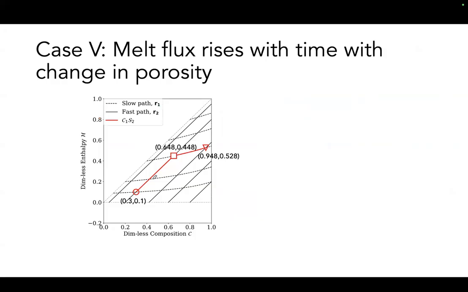Next, what happens when there is a change in porosity at the jump, as well as a change in meltwater flux? So what if the meltwater flux rises with time when there is a change in porosity? In this case, this is your left state. These are all examples; you can construct your cases in a similar fashion.